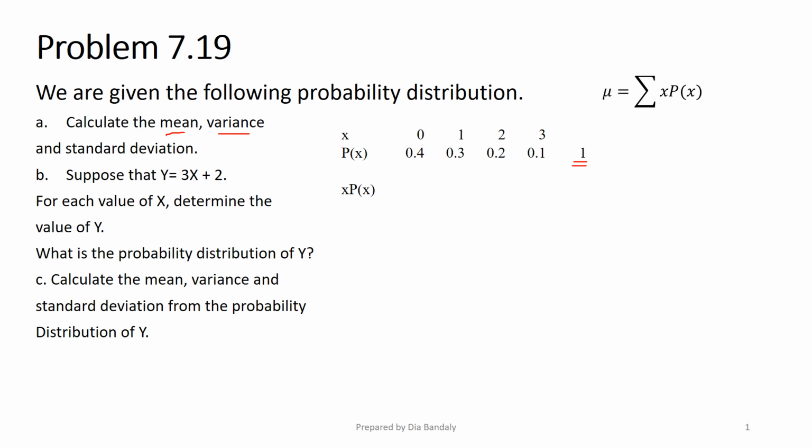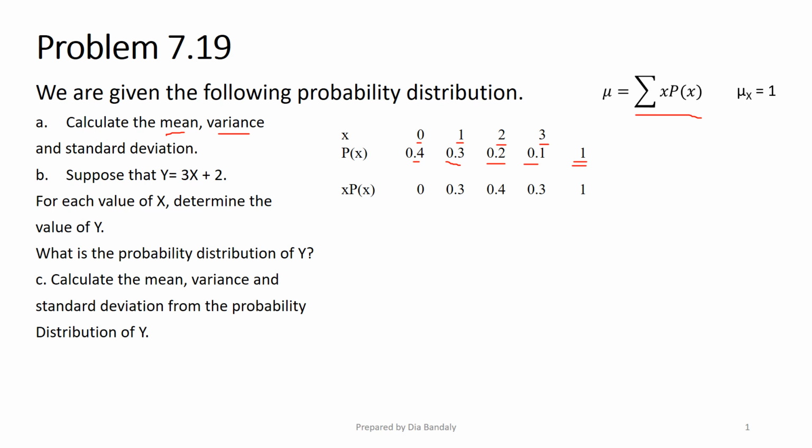We are multiplying 0 times 0.4, that's 0, and then 1 times 0.3, that's 0.3, then 2 times 0.2, 0.4, and 3 times 0.1, 0.3. Because we're looking for the summation, we sum these up and we get 1, and that is our mean.